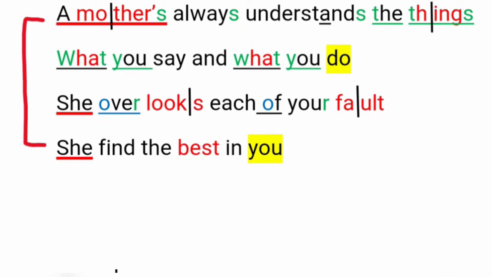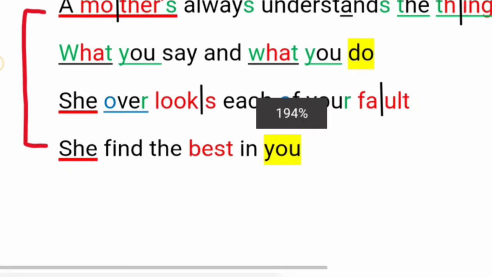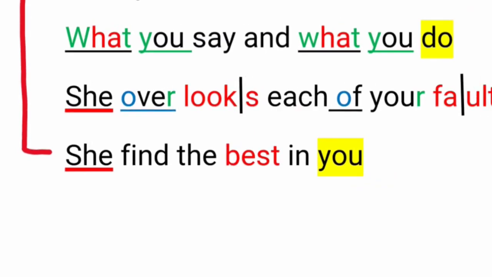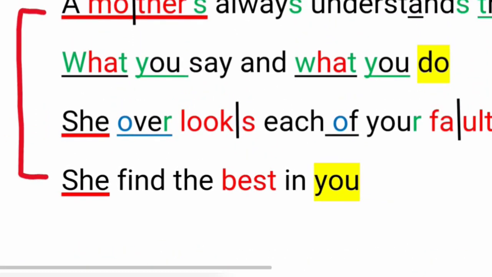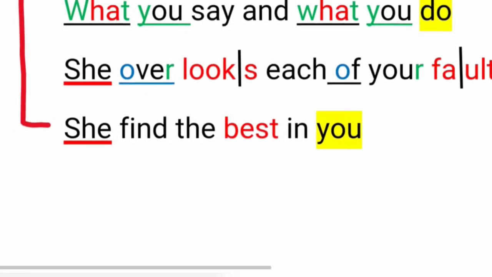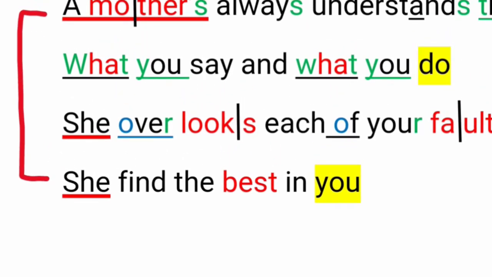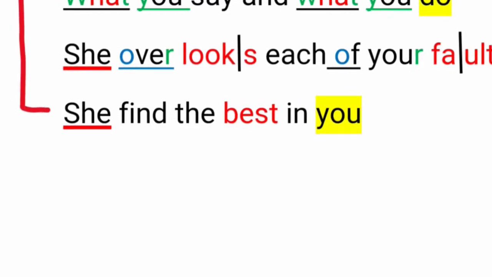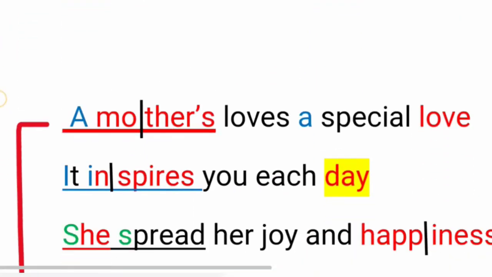The word she, the poet repeats to write this word she in the third and fourth line in the first stanza. You can see the word she.